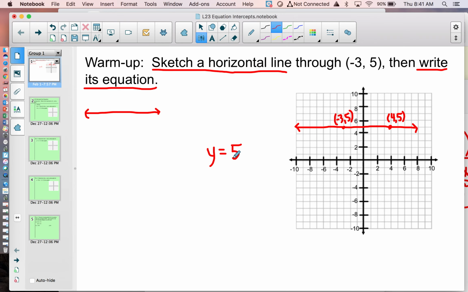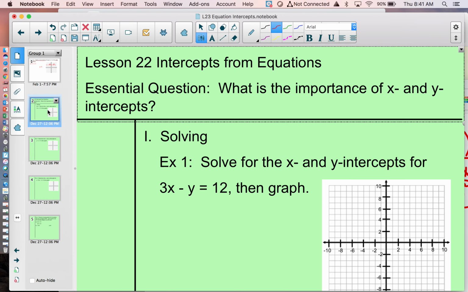Now, the next slide is going to be in regards to finding the x and y-intercepts. Let me just refresh your memory on x-intercepts and y-intercepts. An x-intercept is a point on the x-axis. So that's the first thing you ought to know about an x-intercept.